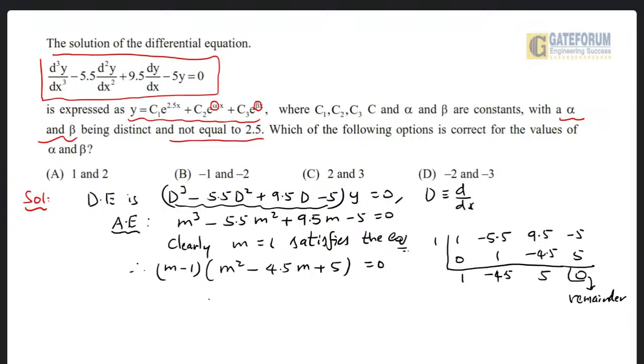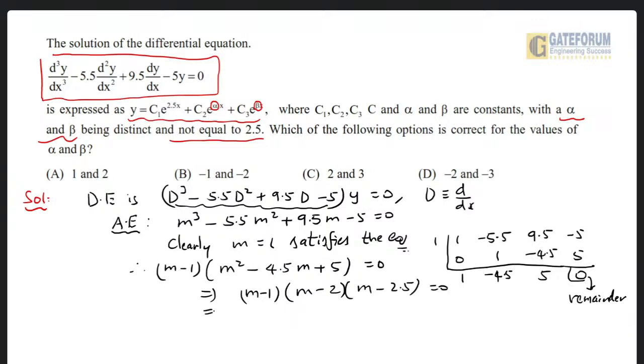So this can be factorized. Minus 2.5 minus 2, which simplifies to minus 4.5. Minus 2.5 into minus 2 is plus 5 only. So you will be getting m minus 2 into m minus 2.5 is equal to 0.